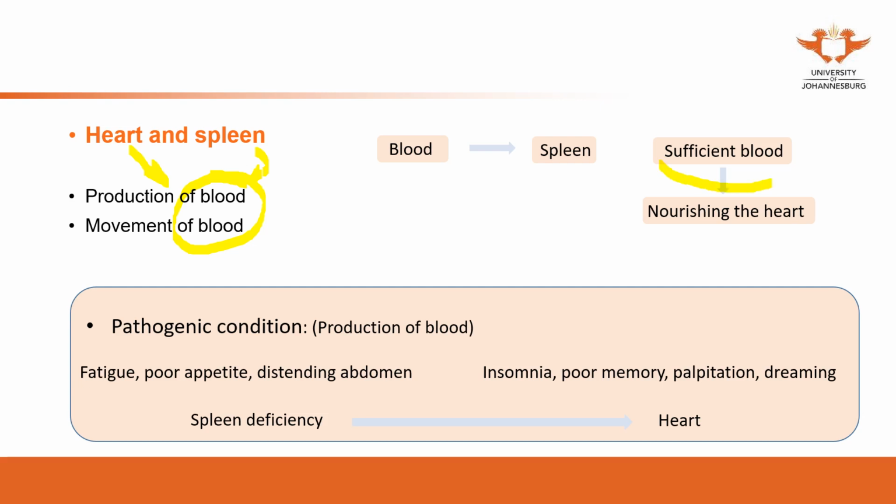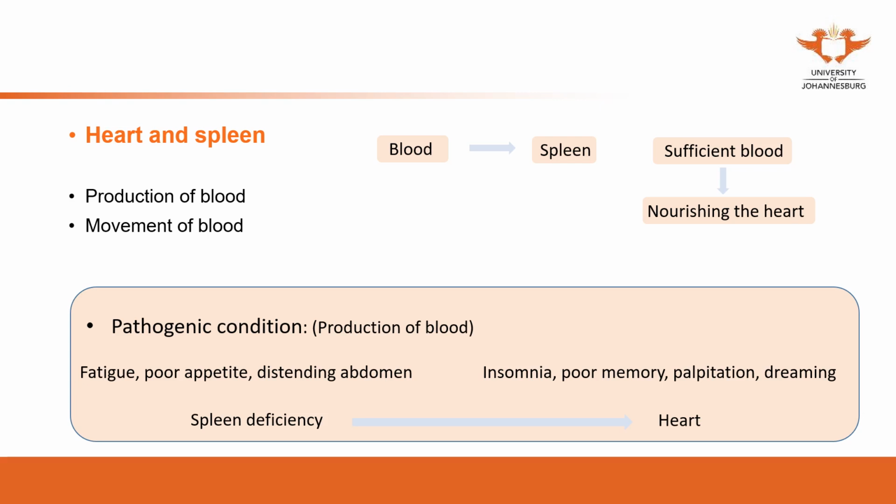The sufficient blood can nourish the heart. The heart will control the movement of the blood. So from the formation of the blood, we have mentioned quite a few times until now. As for Huangdi Neijing, the production or formation of the blood: the middle jiao receives the qi, and then the qi travels to the heart.